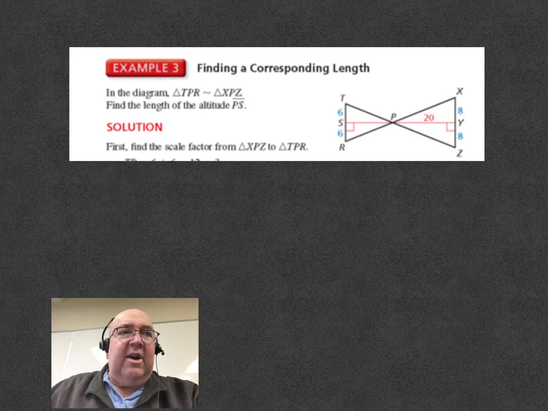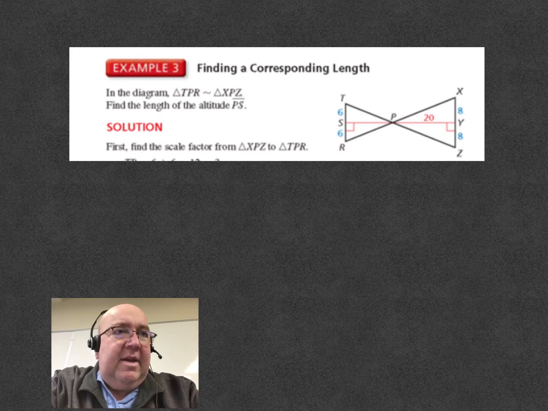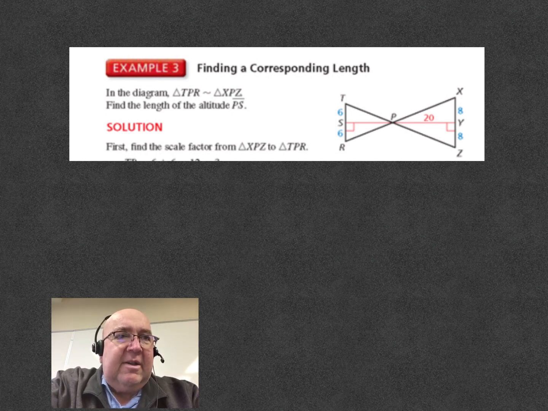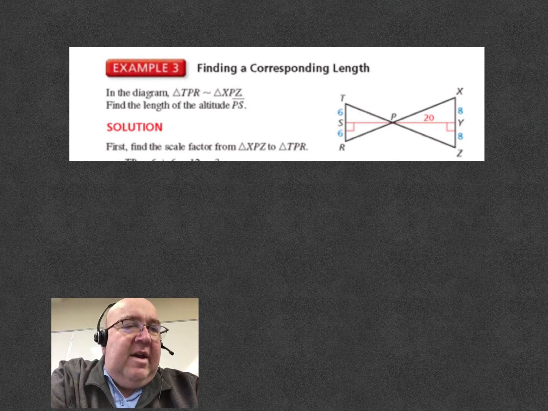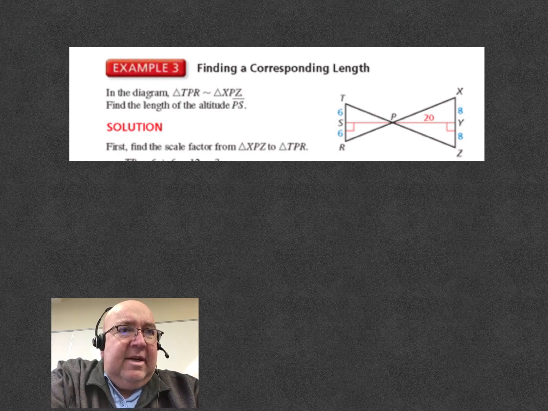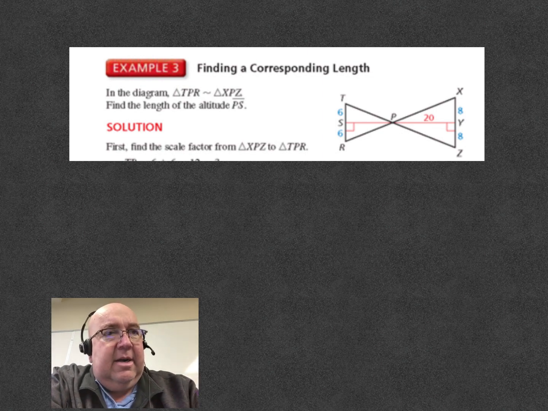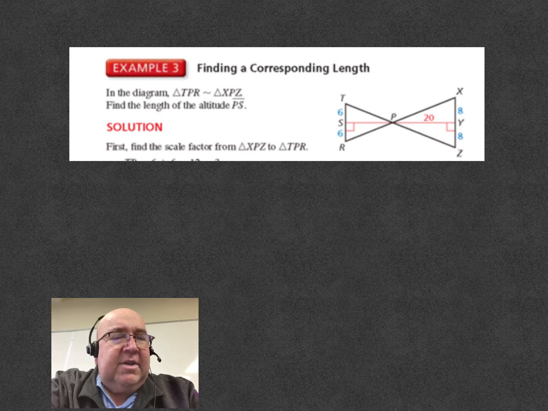Alright, so here we have two similar triangles, and we want to find the length of PS, which is the altitude of triangle TPR, or angle TPR. So we're going to add up the lengths of both sides.